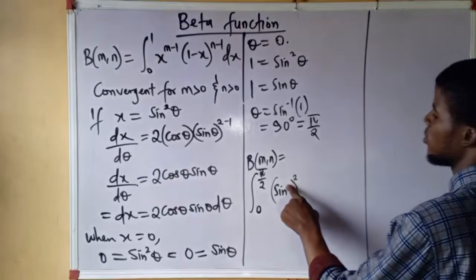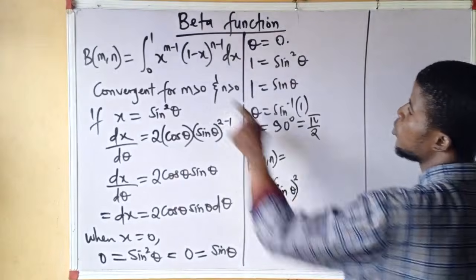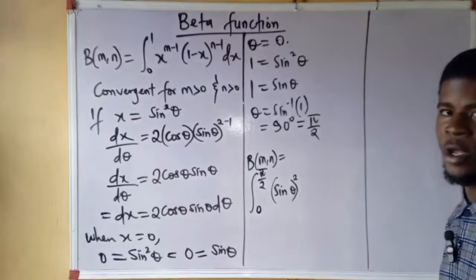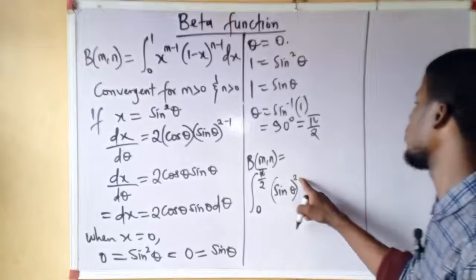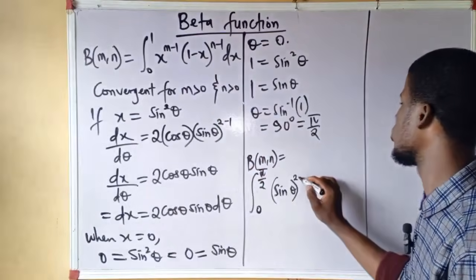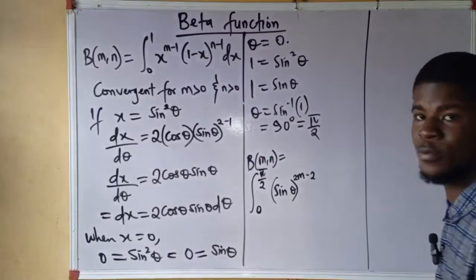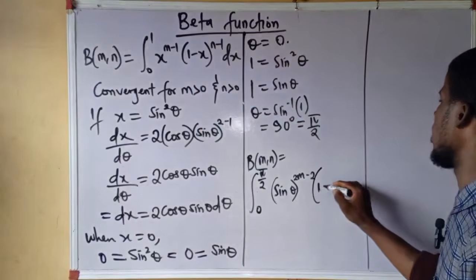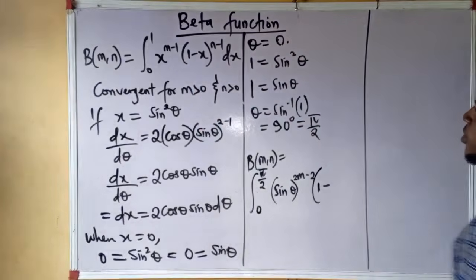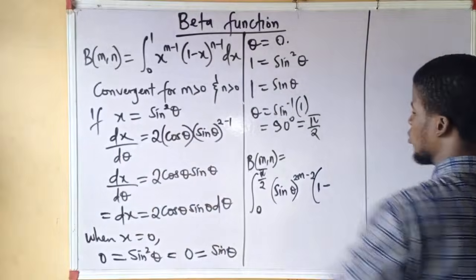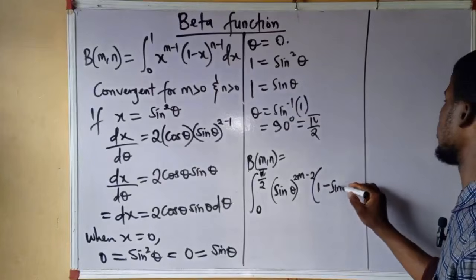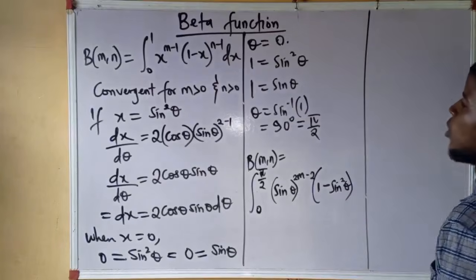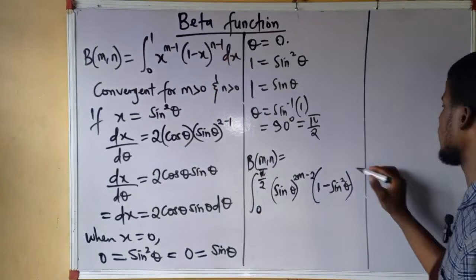Of course, this 2 here is going to multiply m minus 1. Do you agree with me? So if 2 multiplies m minus 1, that will be 2m minus 2. Then I have 1 minus, what is x? X is sine squared theta, all raised to the power of n minus 1.